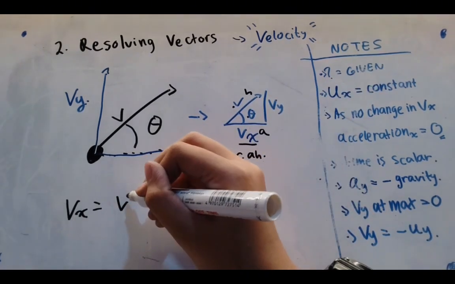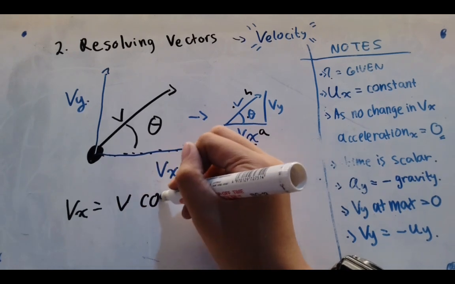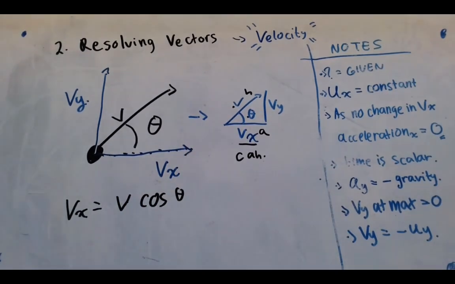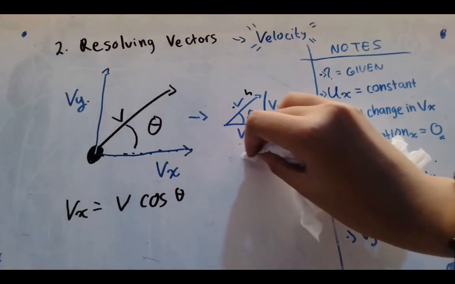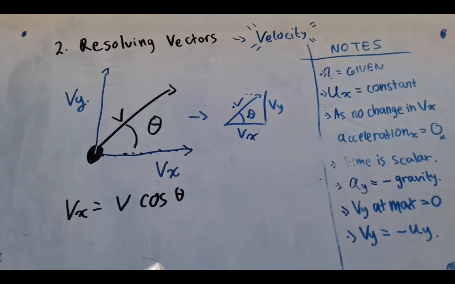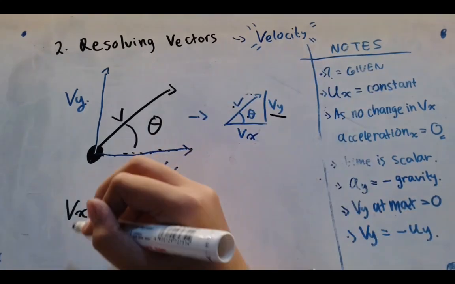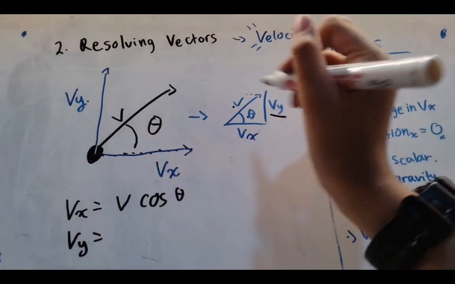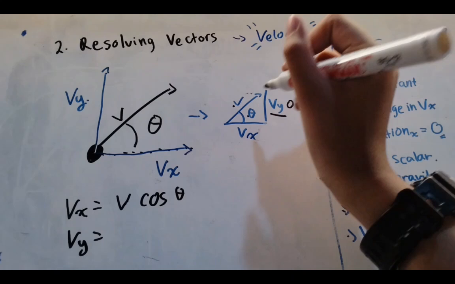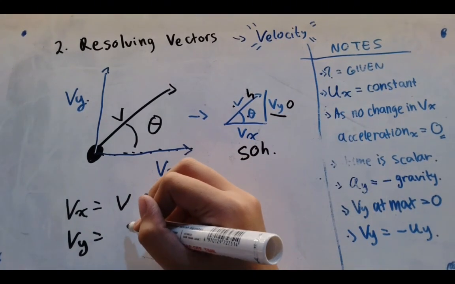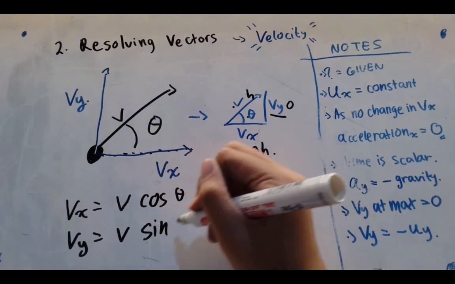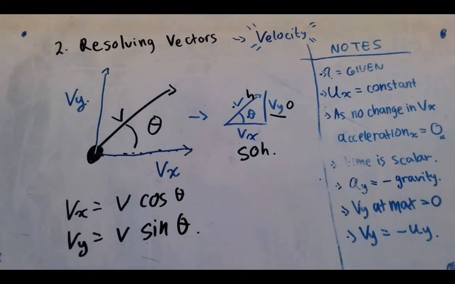So, velocity in the x direction equals v cos theta. Second, let's find the velocity in the y direction. Again, velocity is the hypotenuse and the velocity in the y direction is the opposite of the angle. Means O and H. So we can use velocity in the y direction equals velocity times sin theta.